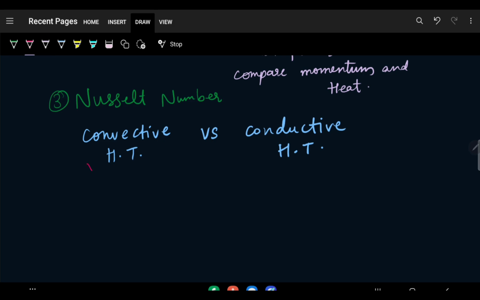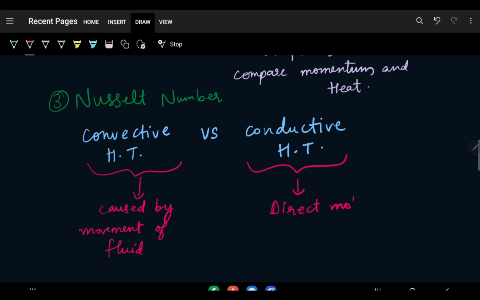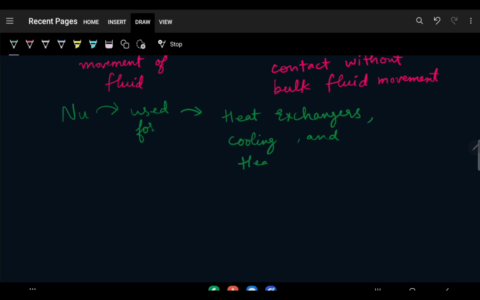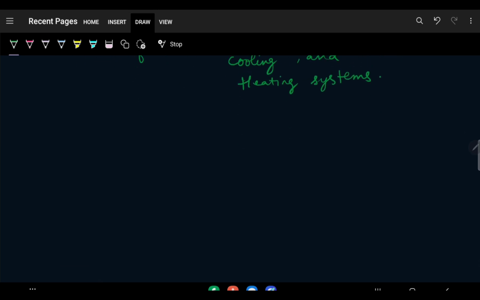So, we all know that convection is heat transfer caused by the movement of a fluid. And conduction is a type of heat transfer which is directly through molecular contact without any fluid movement. The Nusselt number is used in heat exchangers, cooling, and heating systems.